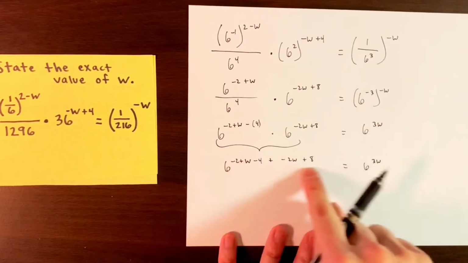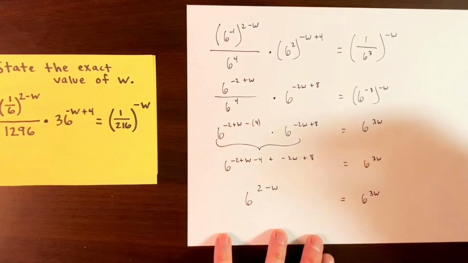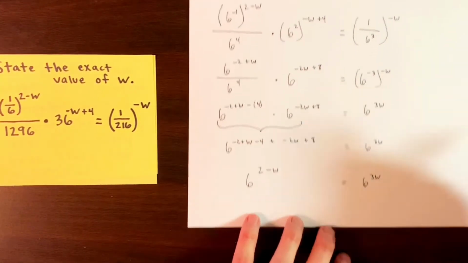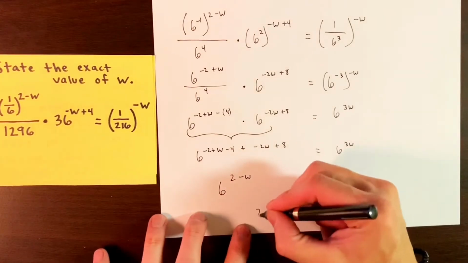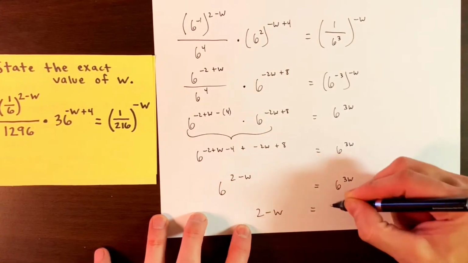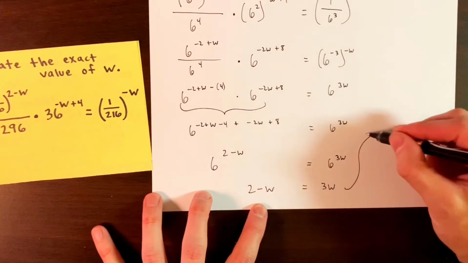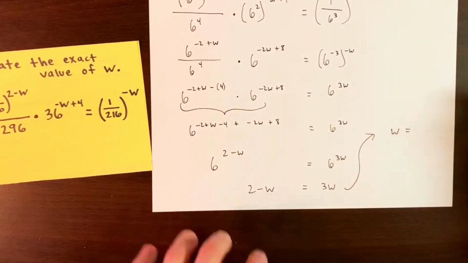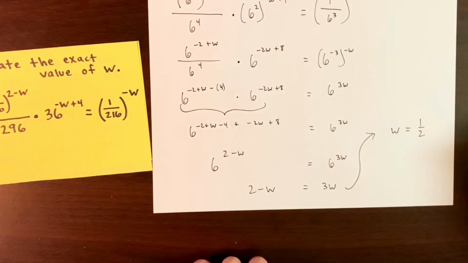We can simplify the exponent here. And now we can dismiss the 6s and go this equals that. And this, of course, implies that W equals, is that a half? That's 1/2, right? W equals 1/2.